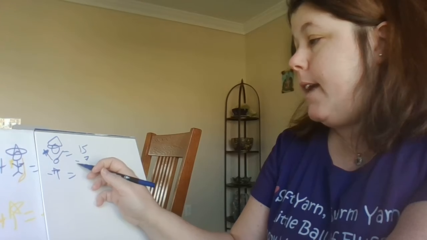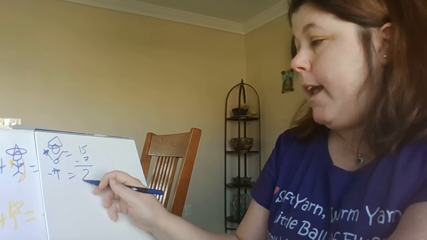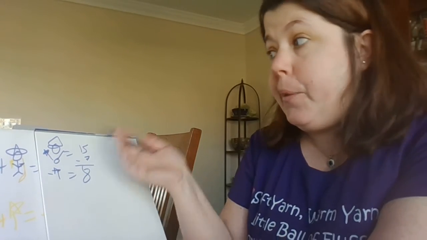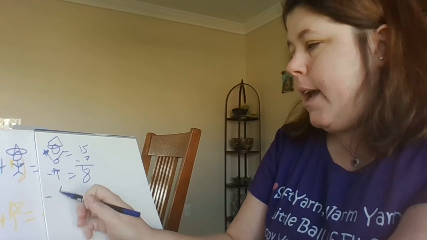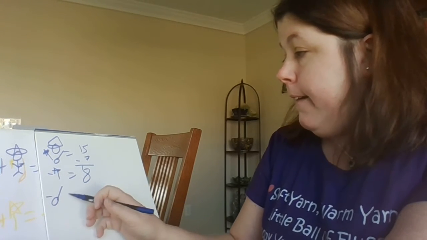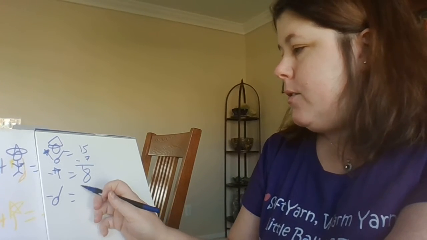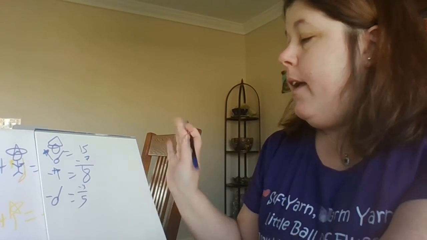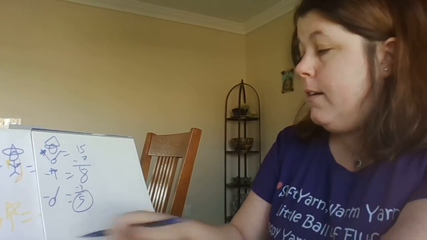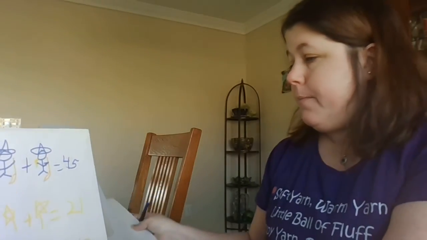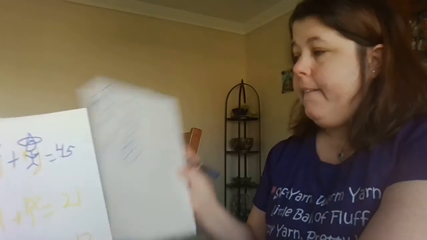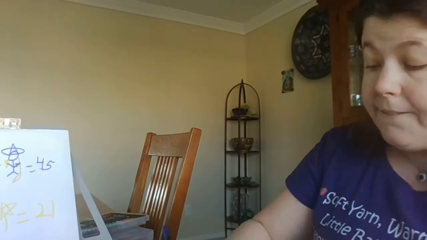So 15 minus 7 is going to equal 8. So now the witch plus the broom equals 8. So let's subtract that broom. We said it was worth 3. So 8 minus 3 is 5. And therefore, each little witch equals 5.